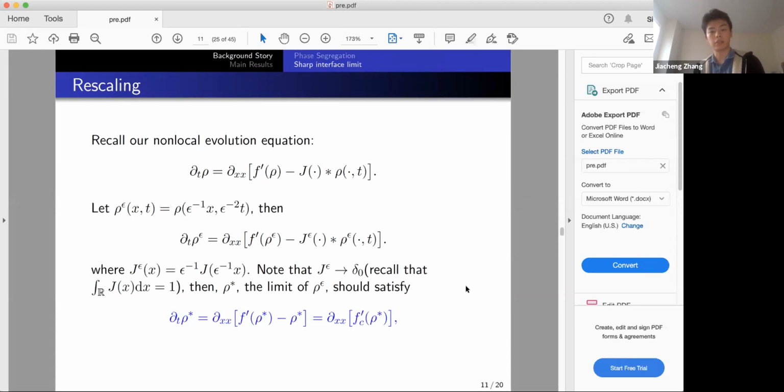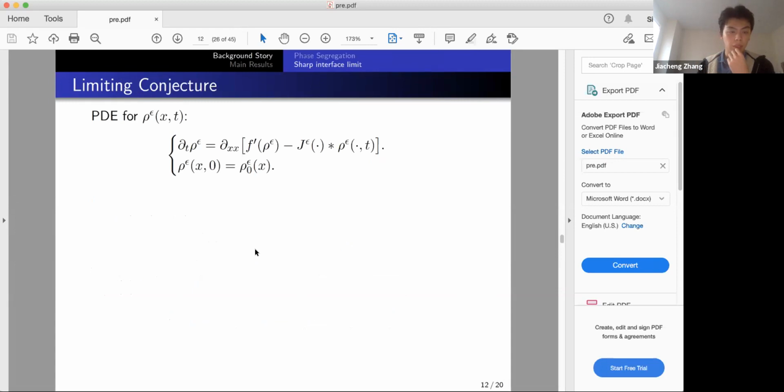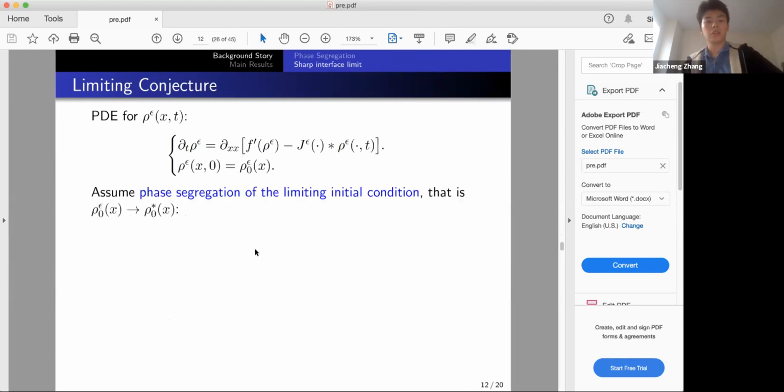Okay, so by this, we somehow know at least the PDE for the limit of this rho. And now let's go to this limiting conjecture of the Giacomin-Lebowitz model. Recall this PDE form. Assume first phase segregation for the limiting initial condition.